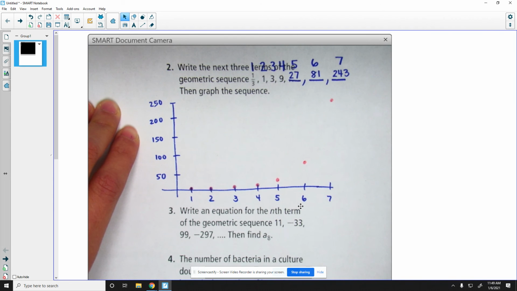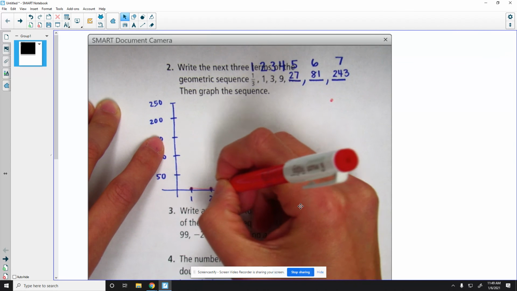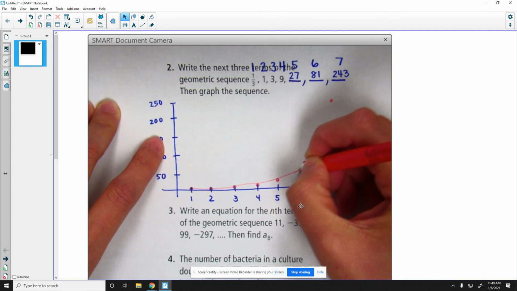So just your best attempt, and then draw the dots. And then just remember, since this is a sequence, you can connect your dots.